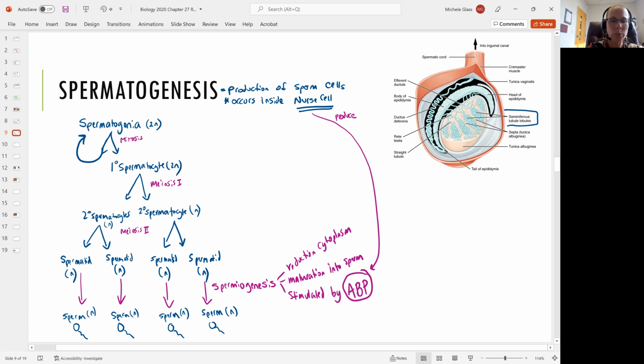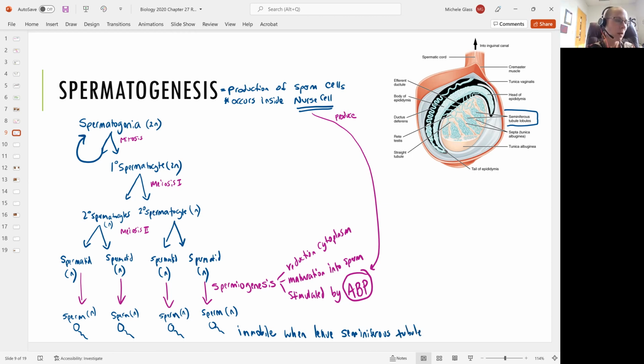When our sperm cells eventually leave the seminiferous tubule, they will be considered immobile. And we'll see this process of leaving the nurse cell and going into the lumen is called spermiation.